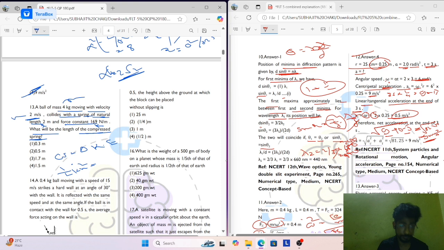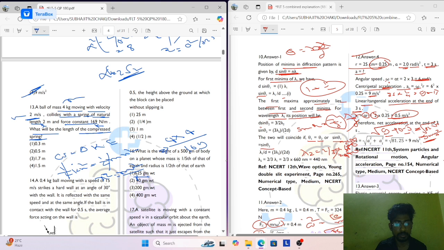Okay, so half will cancel out. x square will be equal to what? mv square by k, right? m is 4, v square is 4, so mv square by k means 16 by 169. So x will be equal to 4 by 13, so it is equal to about 0.3.